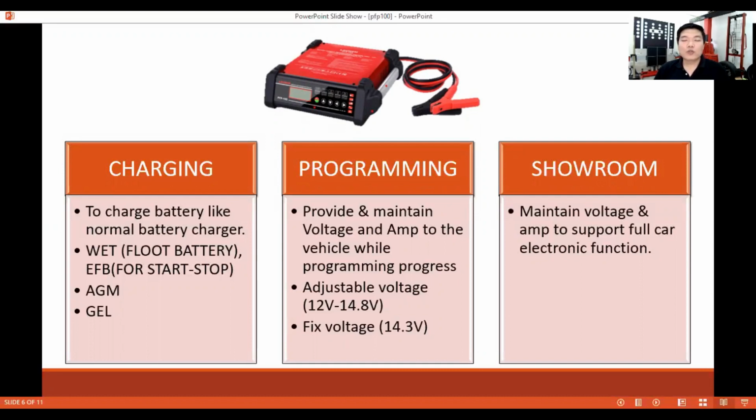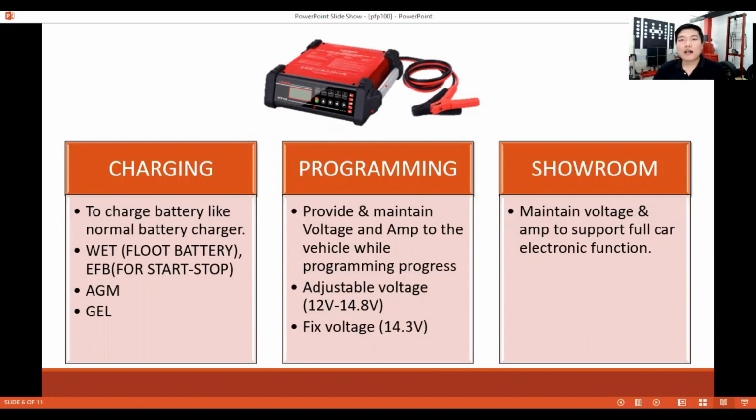This is very good compared to a normal battery charger. How does your battery charger know your battery is fully charged? In my experience, there is no such thing in the market. This PFP knows your battery is full and will cut off. This is one of the special features of our charging system.